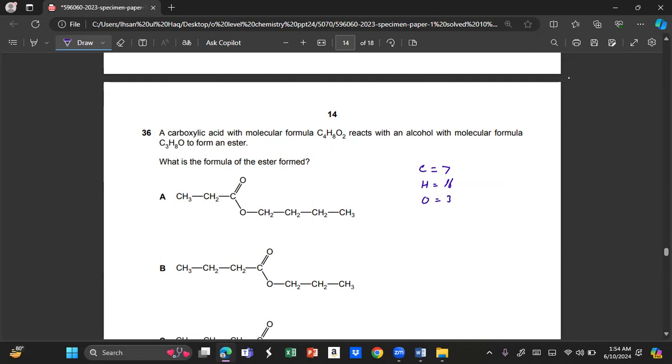The part of the structure which contains a carbon that has a double bond with oxygen, and on the other side has an oxygen with a single covalent bond, usually comes from the carboxylic acid.